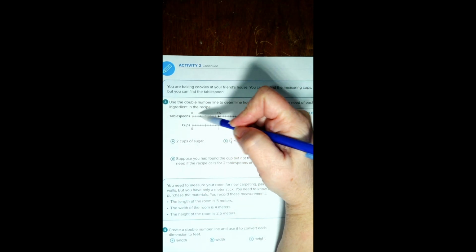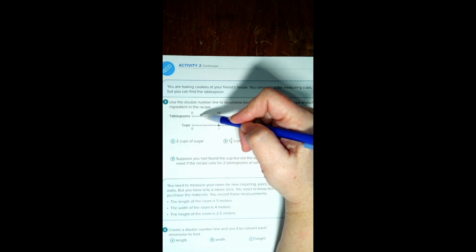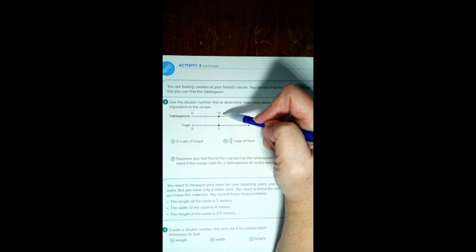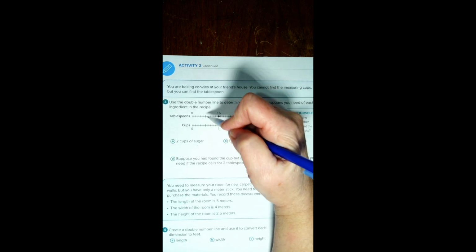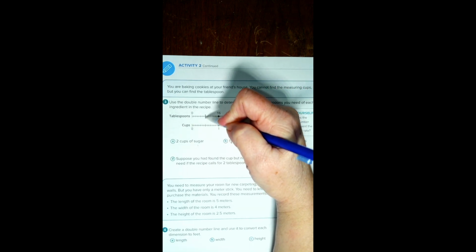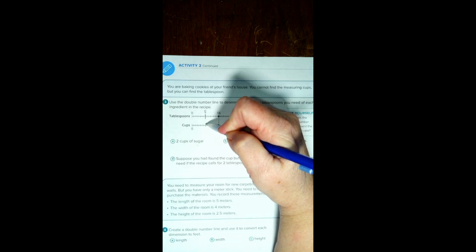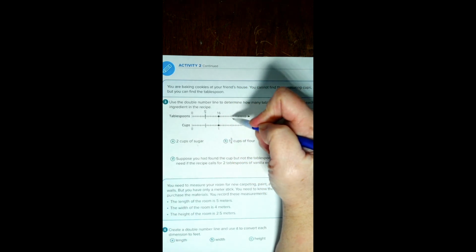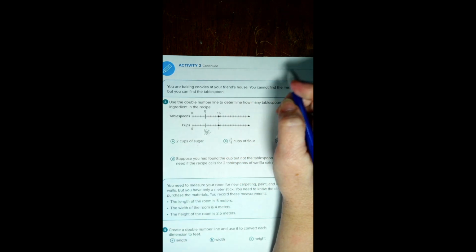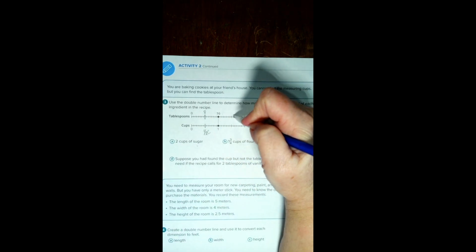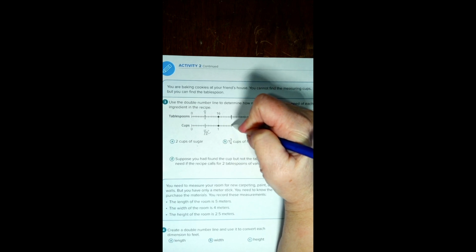So if we look at this, it is broken up into groups of 16 here. If I counted 1, 2, 3, 4, 5, 6, 7, 8, this line that's a bit longer here is 8 tablespoons. It's directly across this one, so halfway between 0 and 1 cup would be, so this is half a cup right here. And then we could continue here.